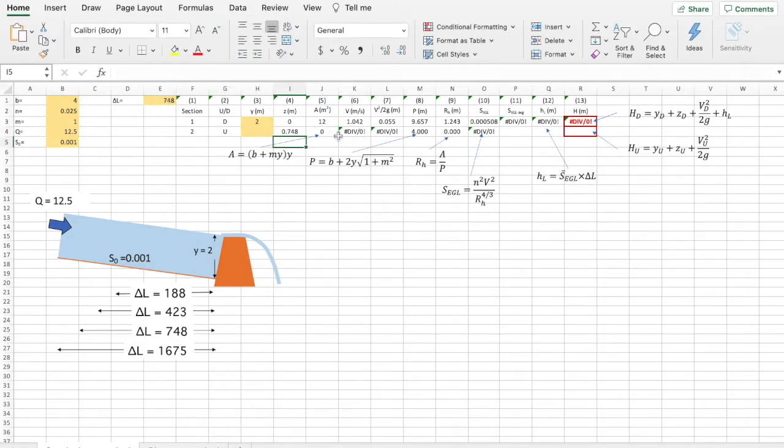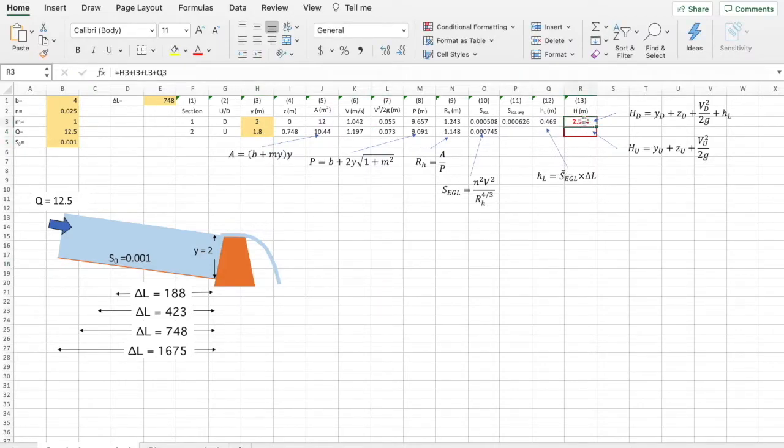And then we will guess the water depth at section 2. Let me try 1.8 first.